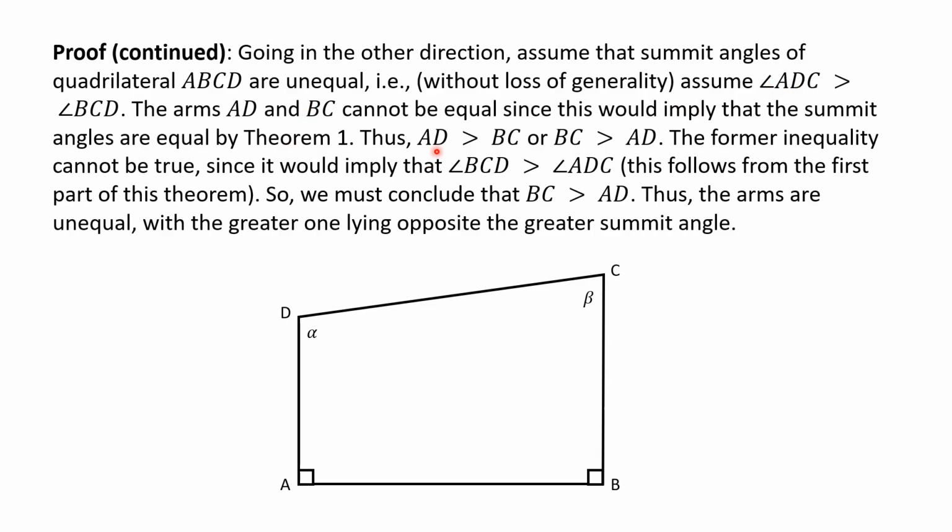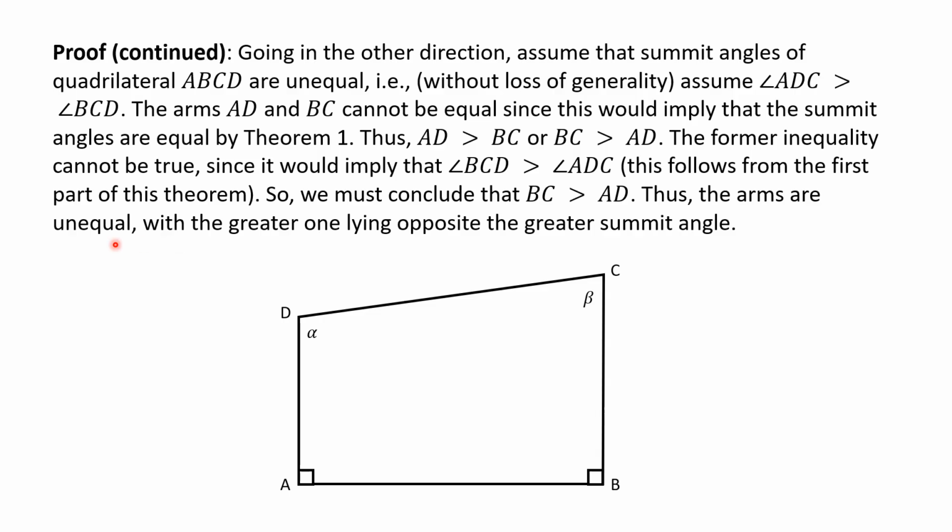So either AD is greater than BC, or BC is greater than AD. The former inequality cannot be true, since that would imply that BCD is greater than ADC, and that's what we proved in the previous slide. So this case is excluded. So it must be that BC is greater than AD.